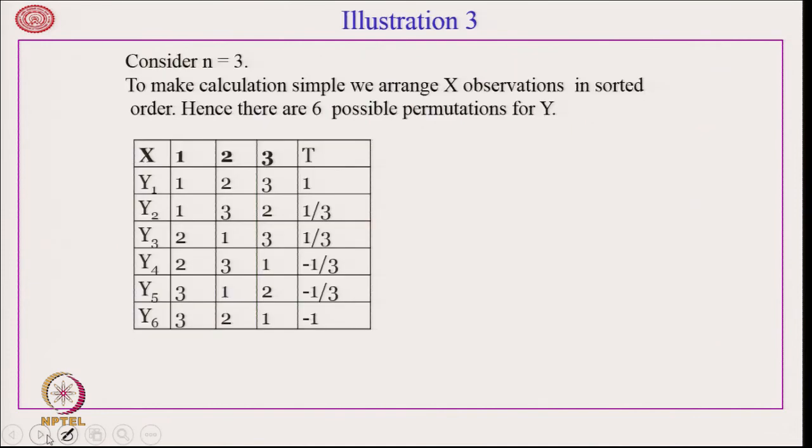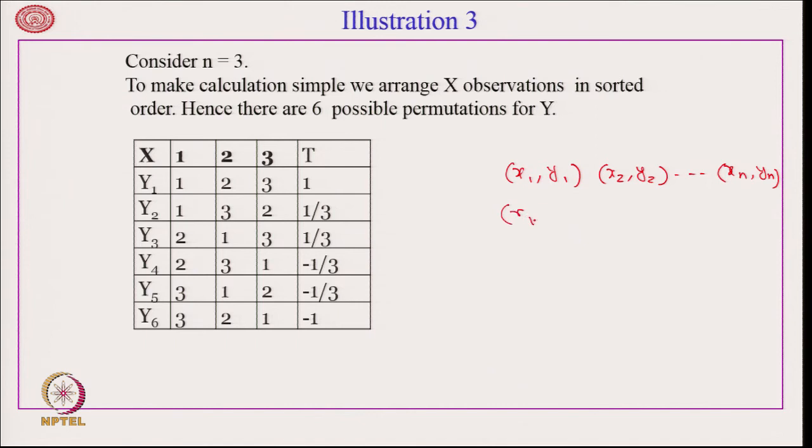To make the calculation simple, we arrange the x observations in sorted order. So, we have arbitrary pairs x 1 y 1, x 2 y 2, up to x n y n. Suppose we convert them to ranks.